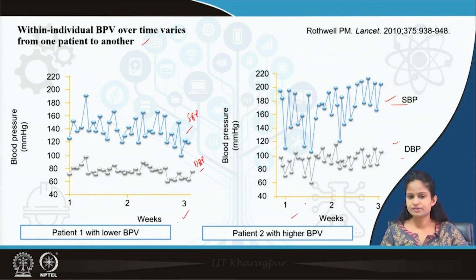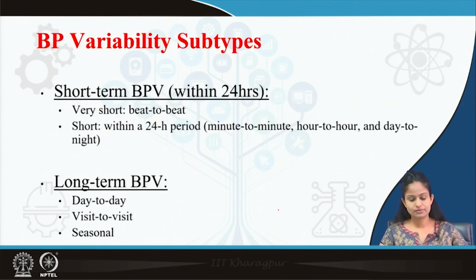As I told you, increased or higher heart rate variability is actually good for cardiac function, but it is just the reverse here. Increased blood pressure variability is not good for health. If your blood pressure is extremely variable, it is fluctuating a lot, and ideally it should not fluctuate that much. So, the patient with higher blood pressure variability has more cardiovascular risk.